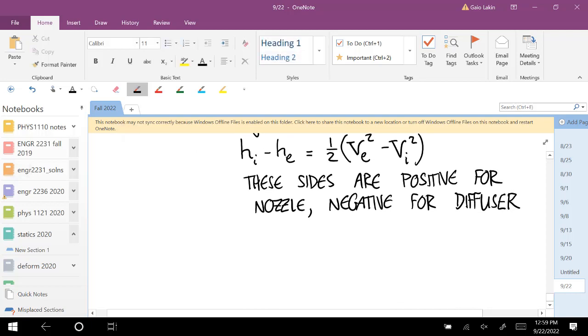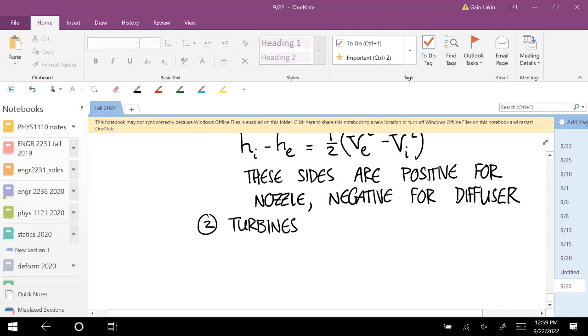Then second, we talked about turbines. And in its most simplified form. So remember that depending on what the question gives you, you might not be cutting out all of these terms, but this is sort of the form that gives you the best sense of how this thing is intended to work.